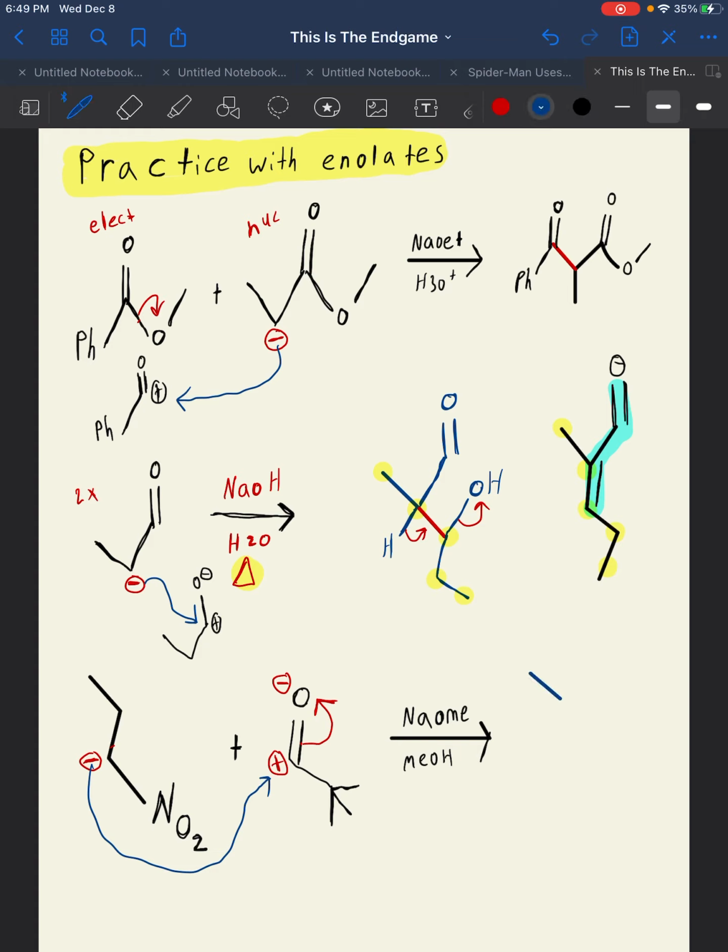draw the product in blue, red bond to the new product.